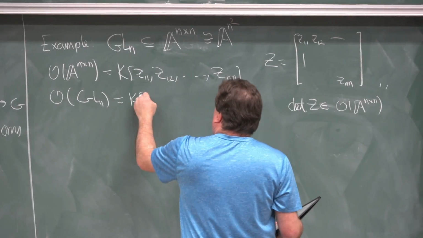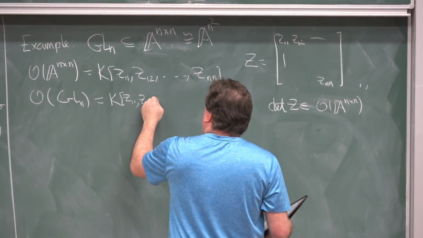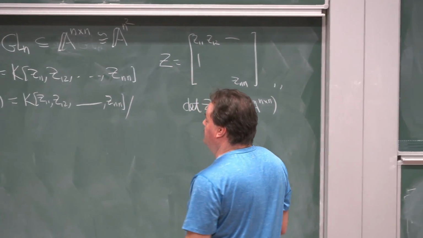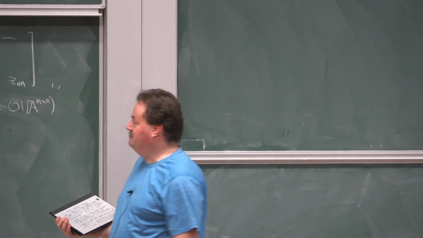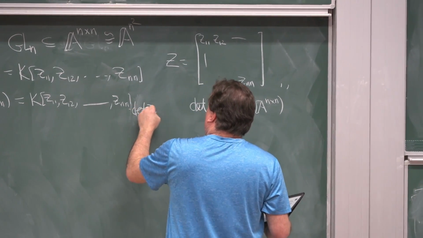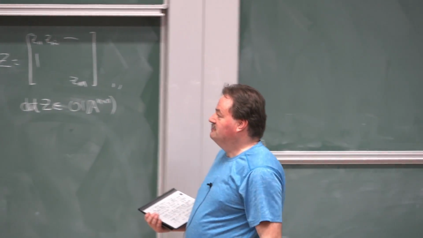And so we localize with respect to that. Right, because GLN is exactly where this determinant is non-zero. So we localize with respect to the determinant of Z.